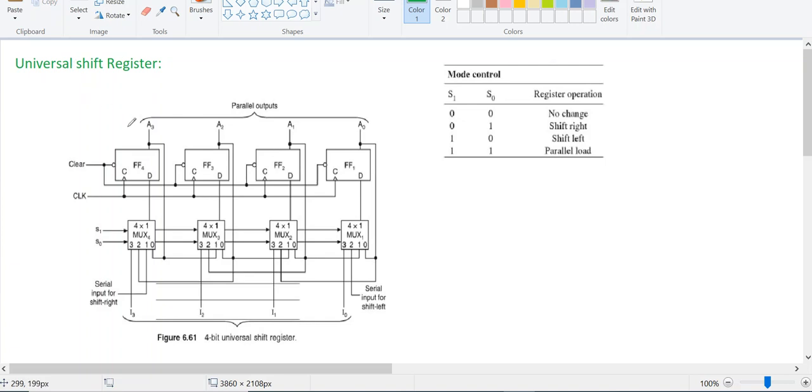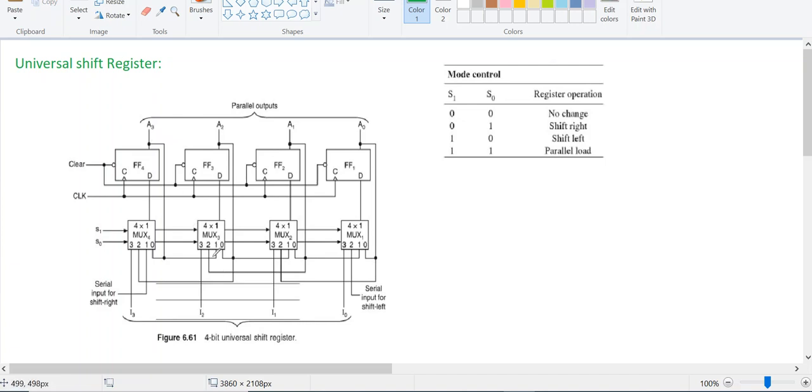Now, in this universal shift register, let us observe this particular circuit diagram. My input pins are connected to the third pin of the multiplexer: I3, I2, I1, I0. The second pin is connected to A2, the parallel output A2, the first pin is connected to the serial input for shift right, and the zeroth pin is connected to A3.